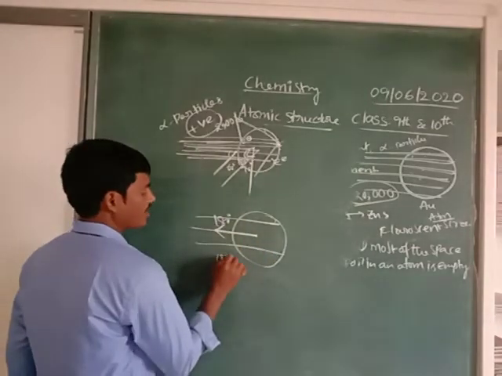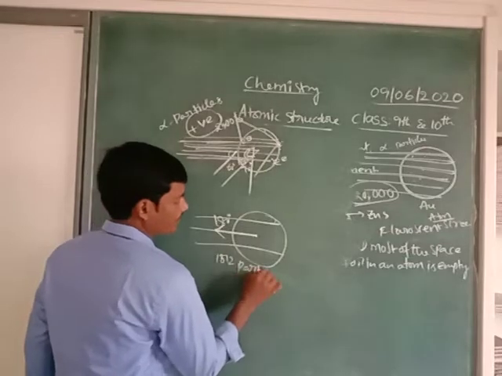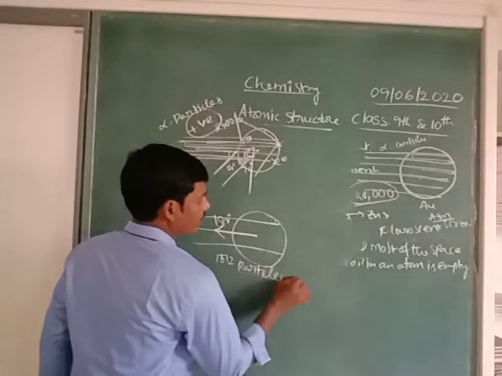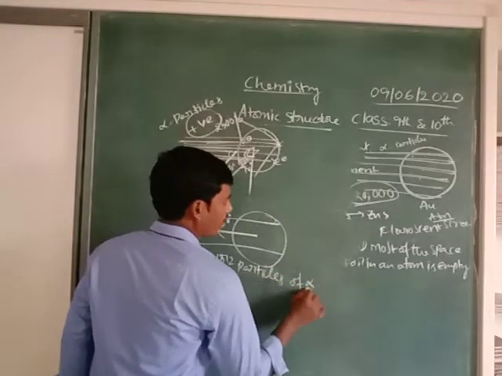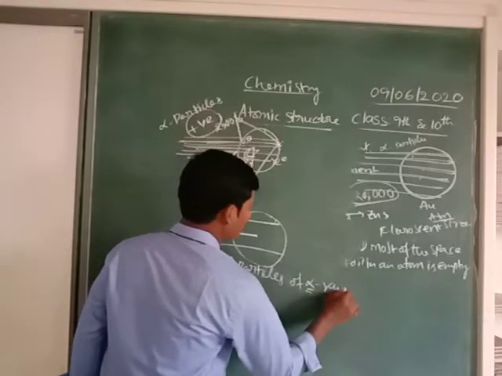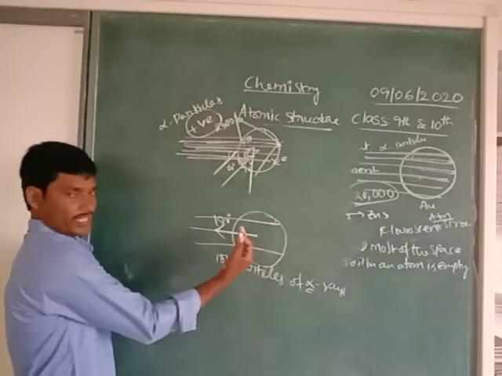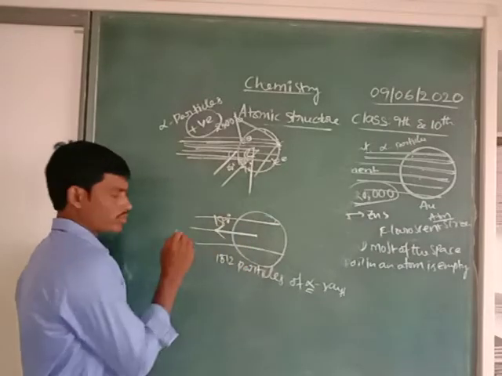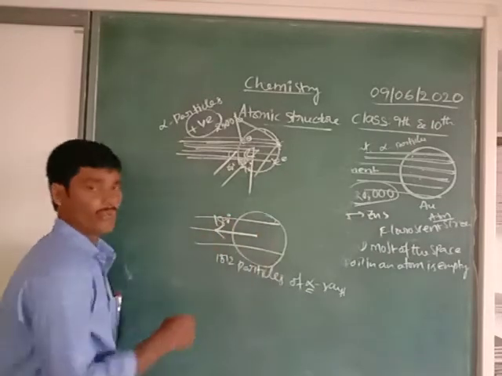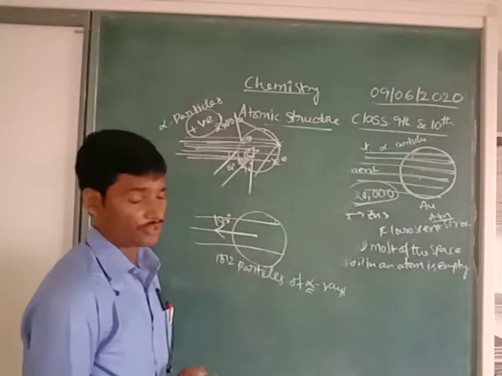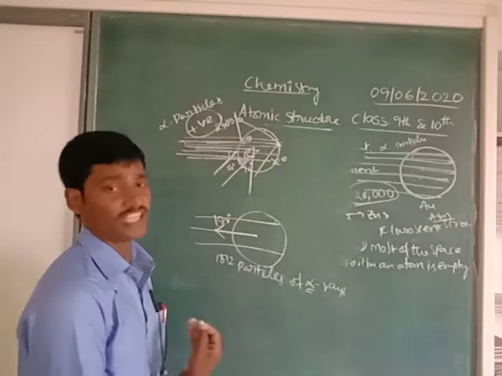One or two particles of alpha ray will come back with an angle of 180 degrees. Why do they come back with an angle of 180 degrees, children? Do you know the reason? Why does it come back here?